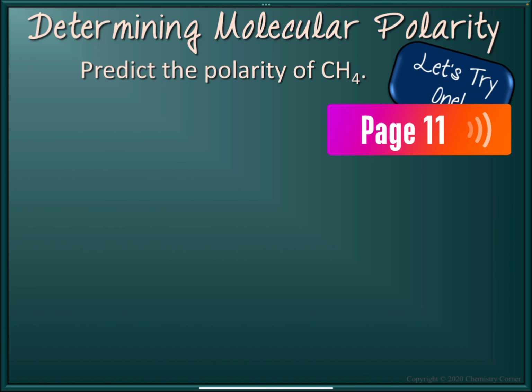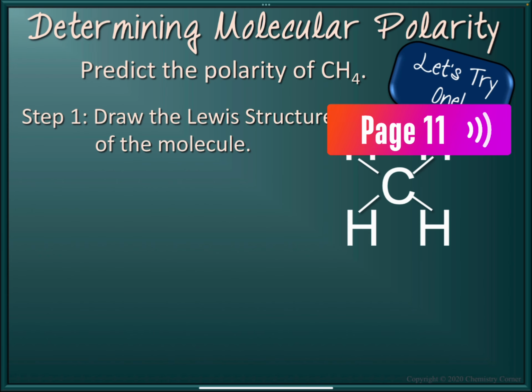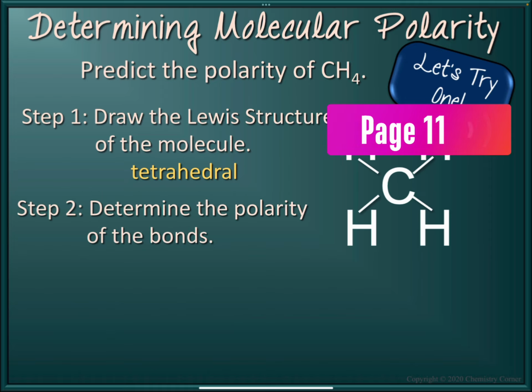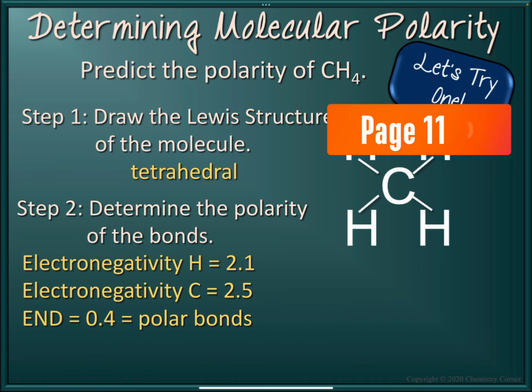We have methane gas, CH4. All right, so the first thing we're going to do is draw the Lewis dot structure of the molecule. All right, bang, there it is. We've drawn this molecule in class. Okay, now it's a tetrahedral molecule. So if you draw the molecule, you figure out the shape. Each carbon-hydrogen bond is slightly polar, okay?